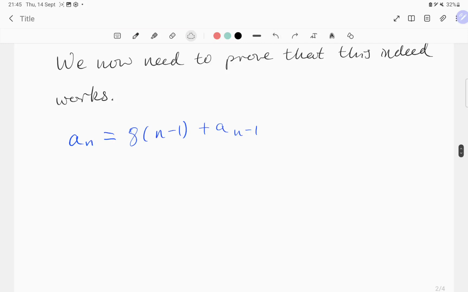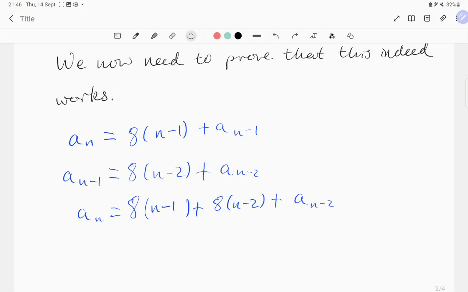From the definition above, we have an equals 8(n minus 1) plus a(n minus 1). I've written it in this format so that we can simplify it later. Of course, similarly, we have a(n minus 1) equals 8(n minus 2) plus a(n minus 2).